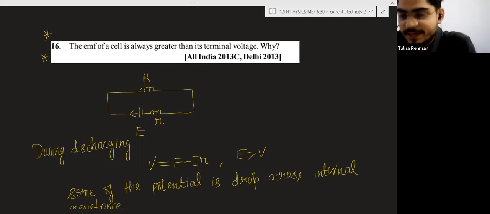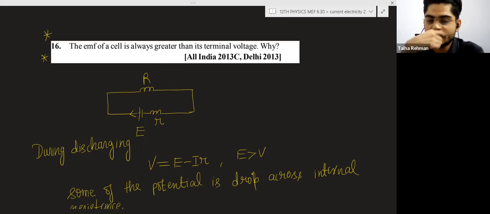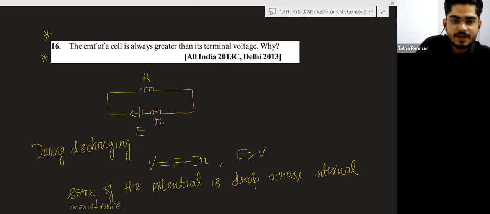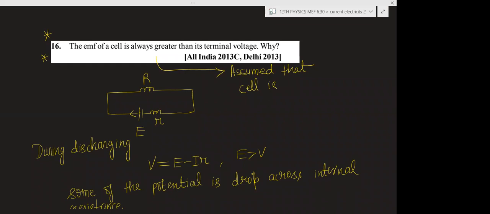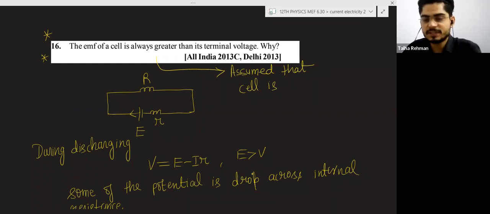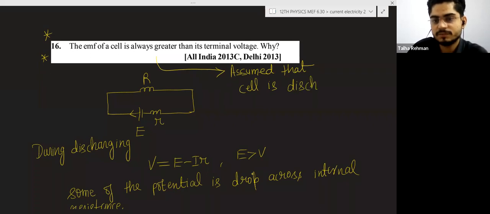You cannot challenge CBSE, because here they have already assumed that in the statement there is a hidden statement that I am writing here. They have assumed that the cell is in discharging condition.